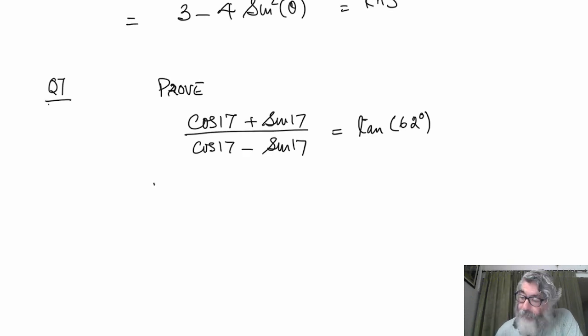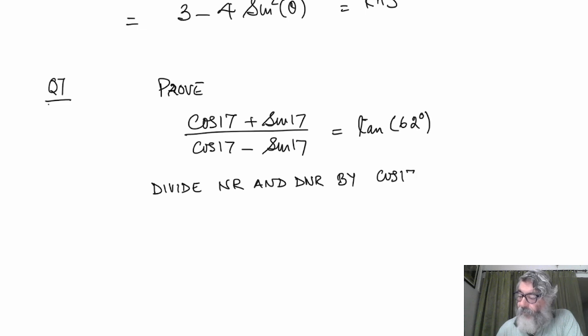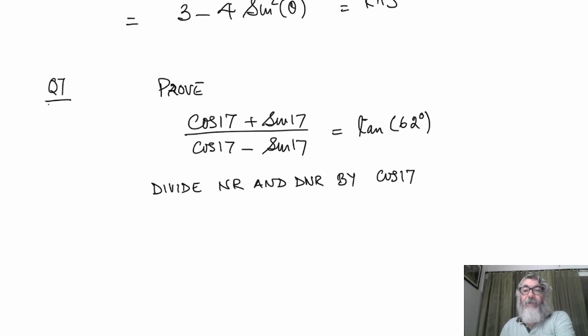Divide numerator and denominator by cos 17. You will see what is the purpose of doing this. You will understand once we go ahead with this question.